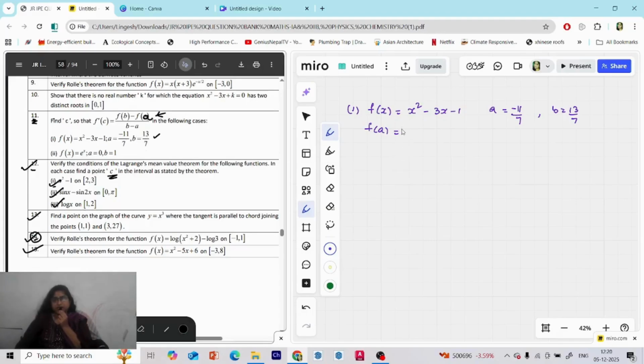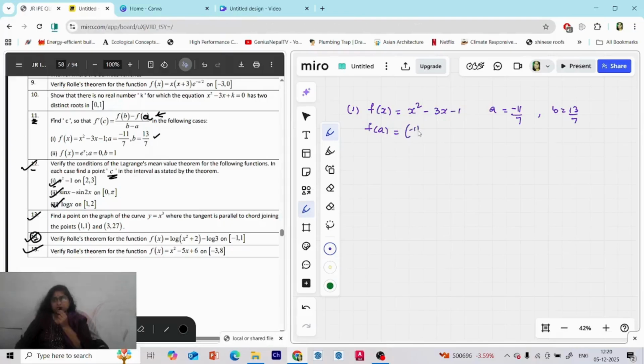f of a is equal to minus 11 by 7 whole square minus 3 into minus 11 by 7 minus 1. So this is 121 by 49 plus 33 by 7 minus 1. LCM తీసుకుందాము. 121 plus 33 into 7 minus 1 into 49 కదా, whole divided by 49.